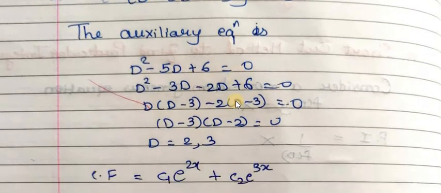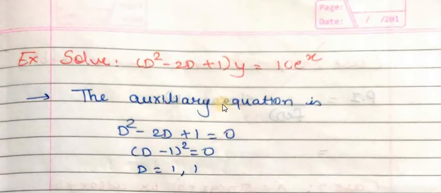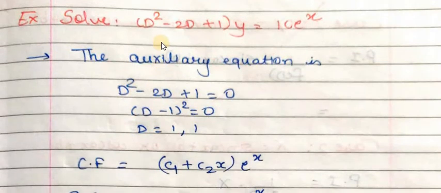Okay, now we will see example number 2 related to this topic, that is D square minus 2D plus 1 y equals 10 into e raised to 1x.